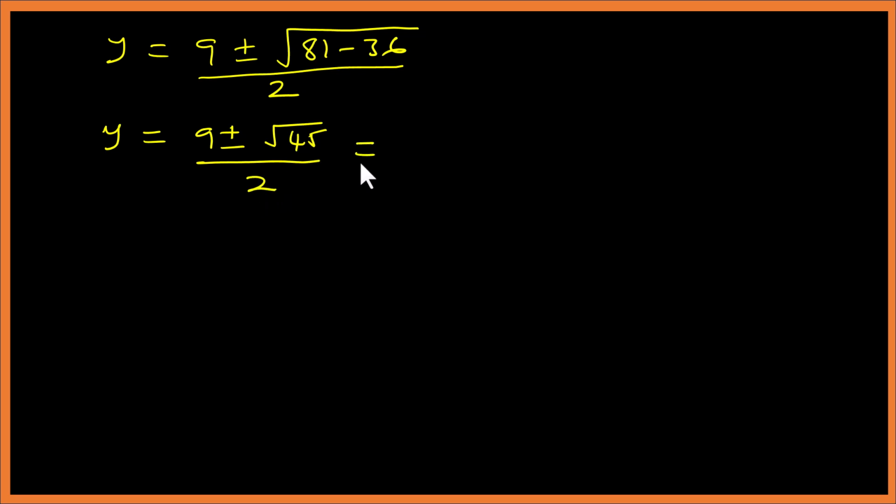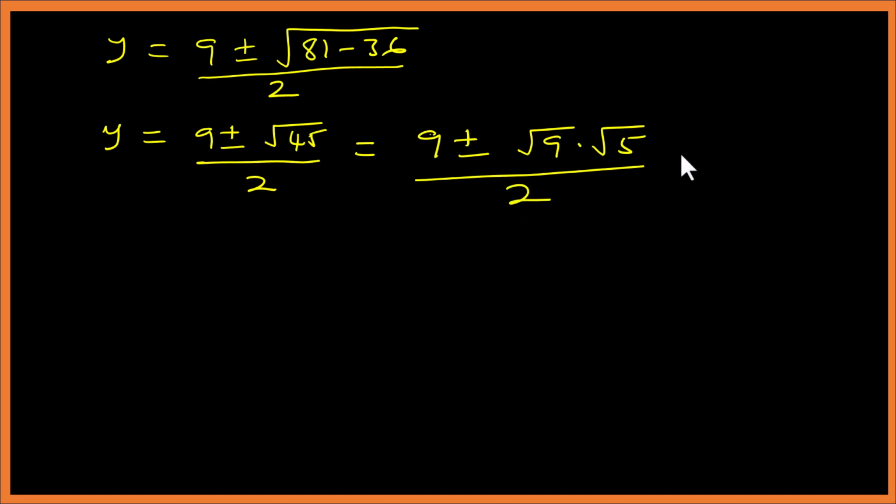The square root of 45 is the same as square root of 9 times square root of 5, which is 3 root 5. So Y equals 9 plus or minus 3 root 5 on 2. Now let's recall.